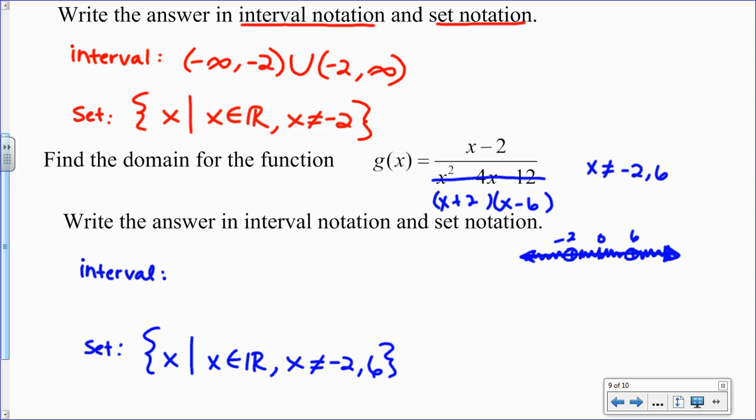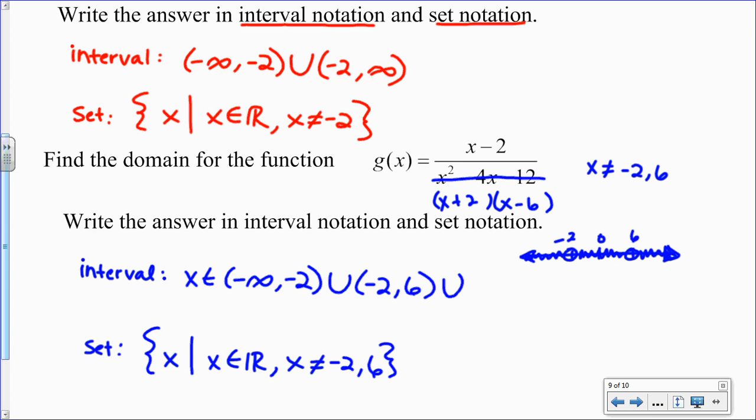We have x is an element from -infinity to -2. So we have that interval. And then we have the interval from -2 to 6. And then we have the interval from 6 to +infinity. So 3 intervals for this one. Okay. Connect them with your union sign.